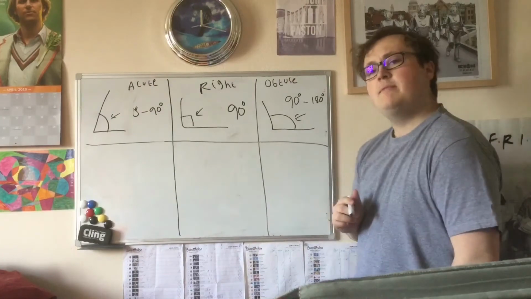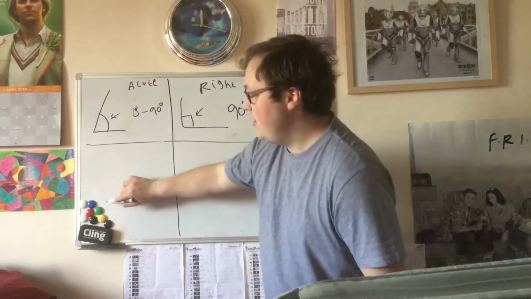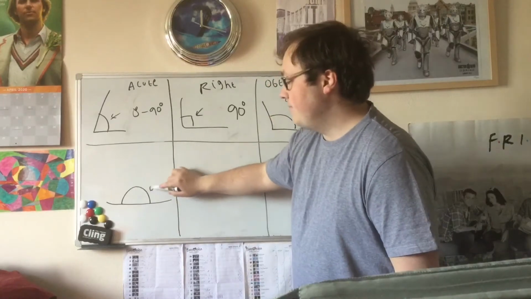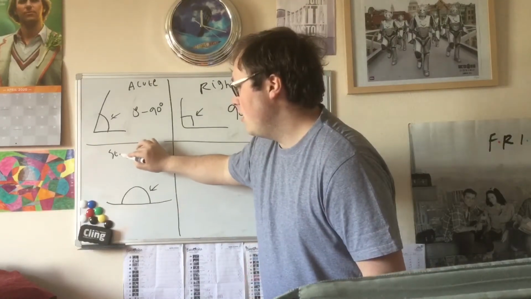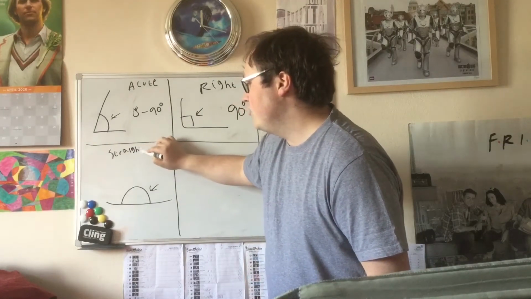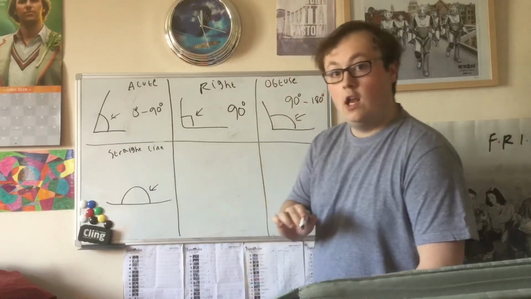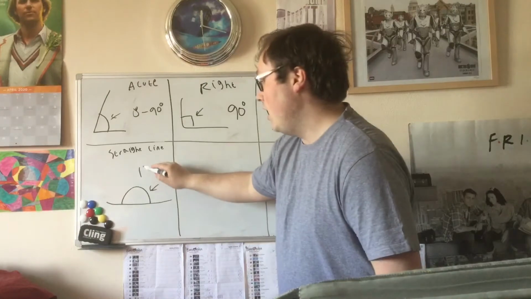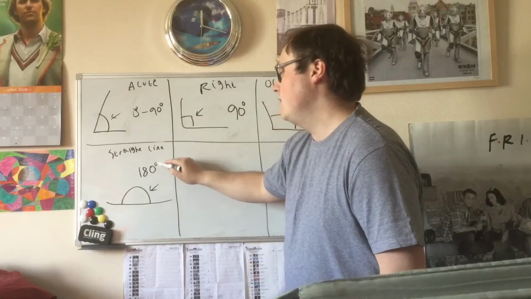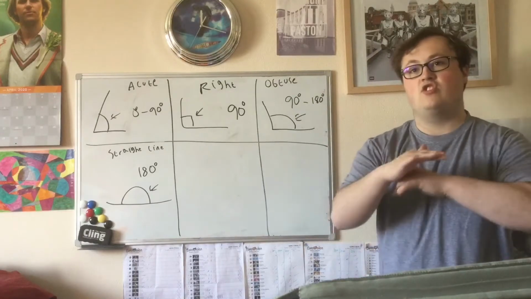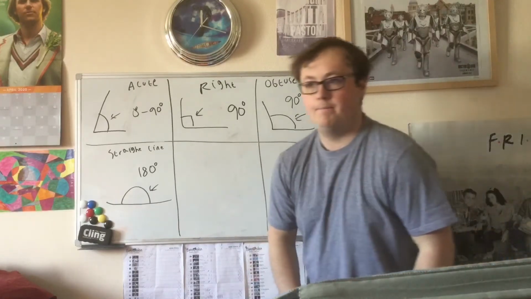The reason why it has to be smaller than 180 is because of our next angle, which looks like this. This is it, and this is known as a straight line. Now a straight line is bang on 180 degrees. It can be no more, no less. It's just a simple straight line.